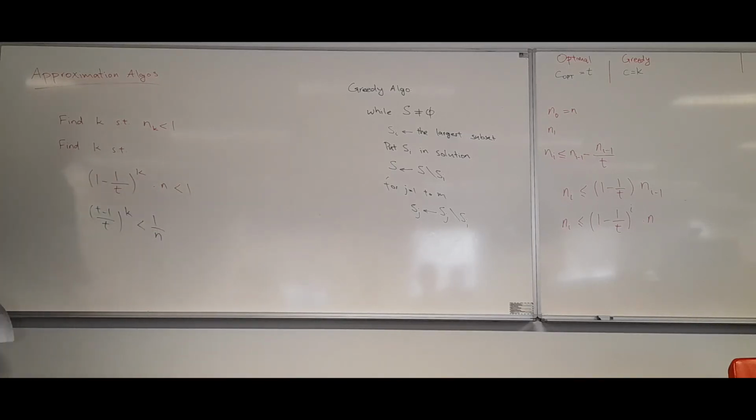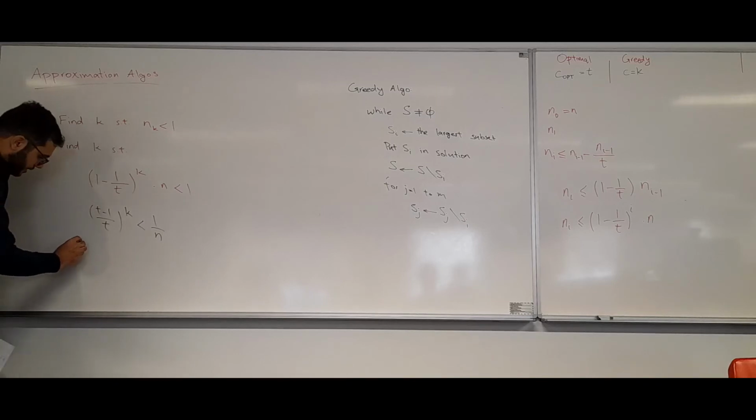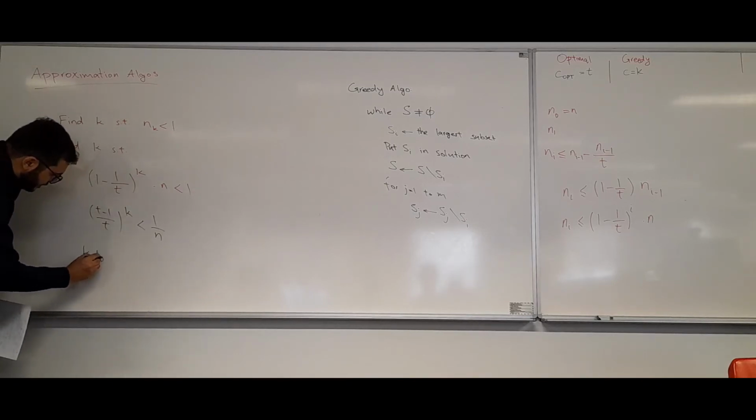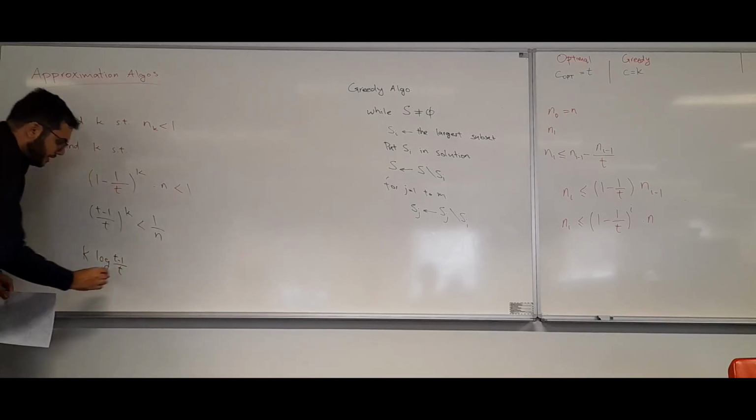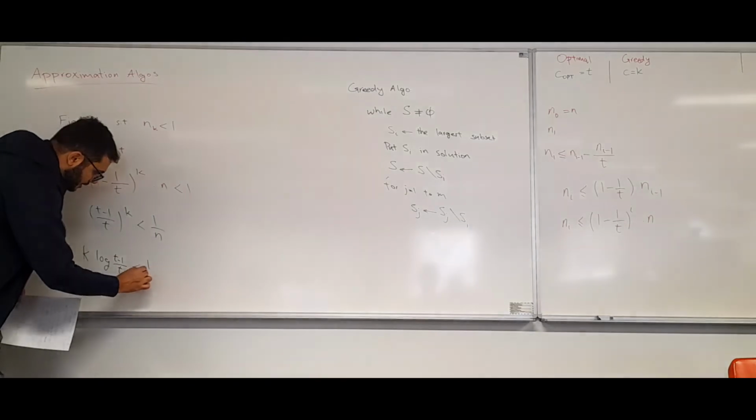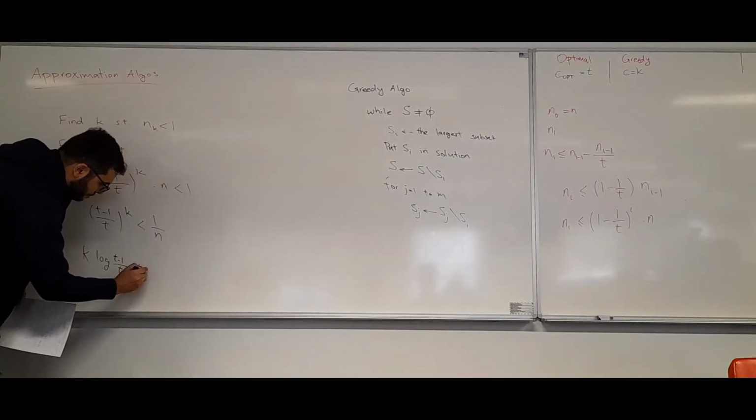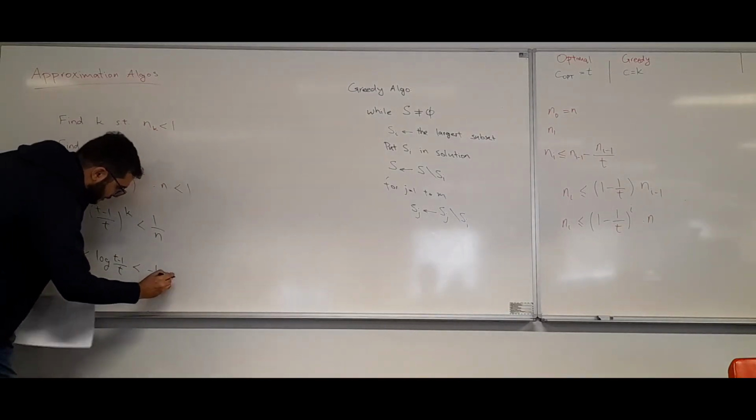Now let's just take the logarithm of both sides. So I will just have K times log of T minus 1 over T is at most minus log of N.